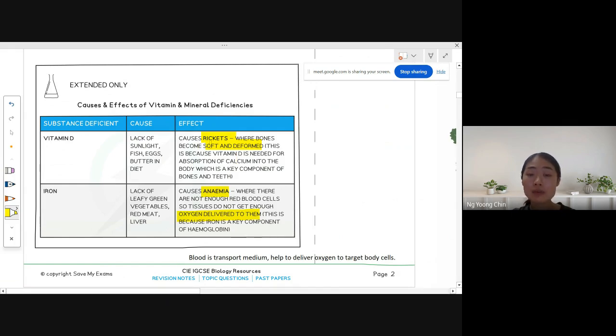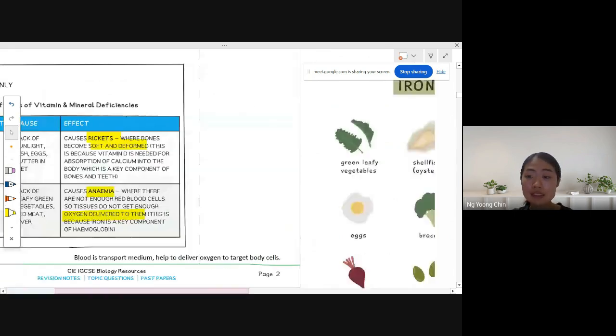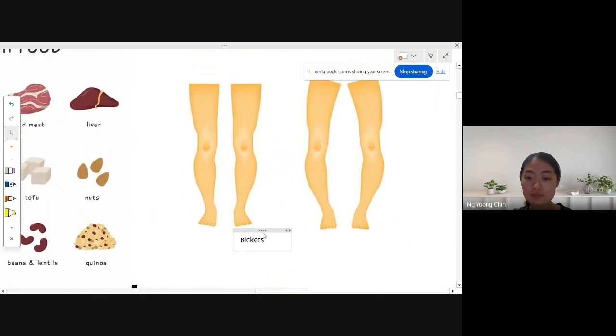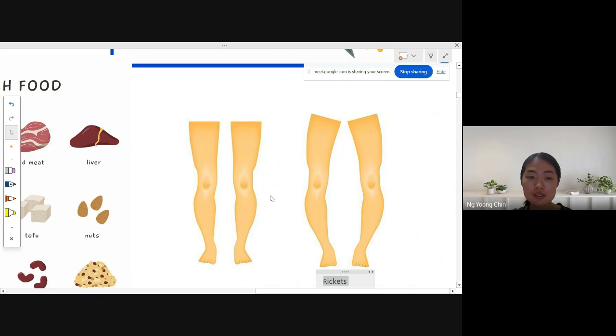So what do we mean by rickets? Rickets in Chinese we call 软骨. It appears in this way, the disease, like this. You can see the legs are bent in an O shape. This is a normal person's leg.